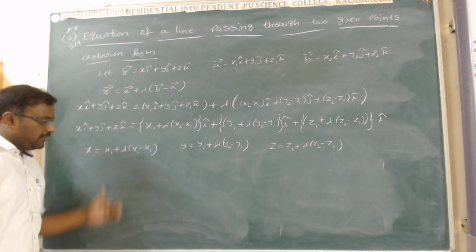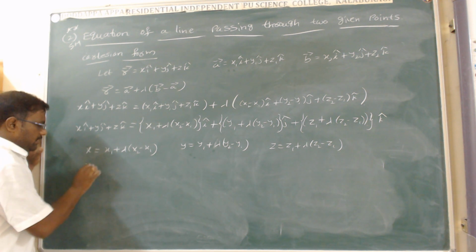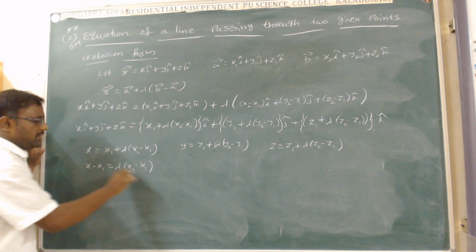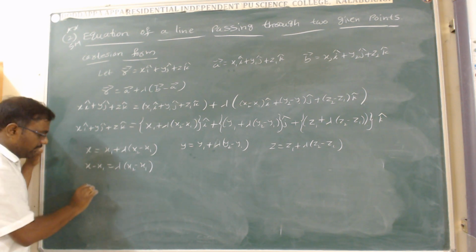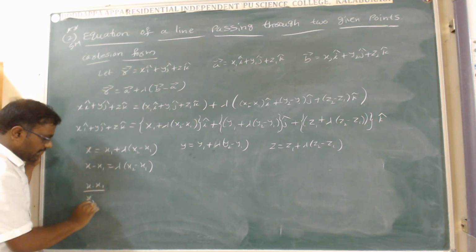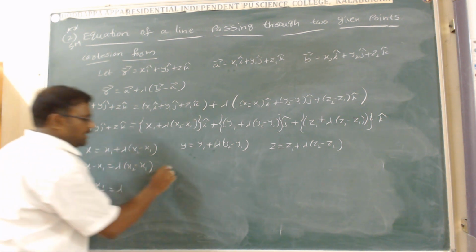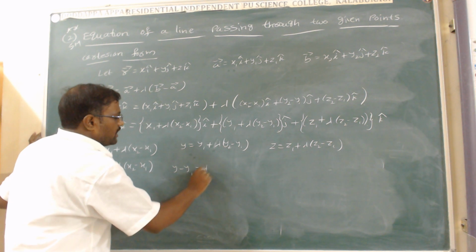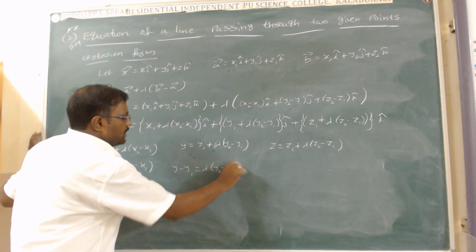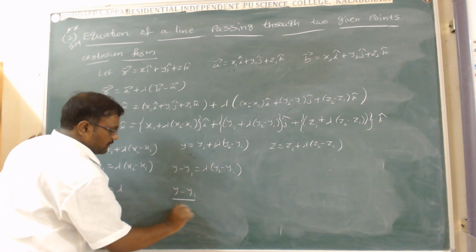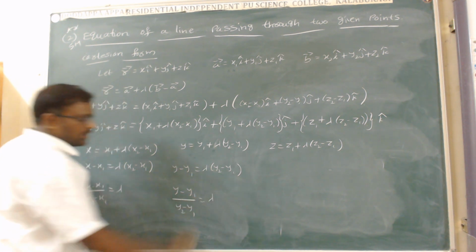Now you can simplify this. We get x minus x1 is equal to lambda of x2 minus x1. If you take this to the other side, it will be a division: x minus x1 divided by x2 minus x1 is equal to lambda. Similarly, y minus y1 is equal to lambda of y2 minus y1, so y minus y1 divided by y2 minus y1 is equal to lambda.